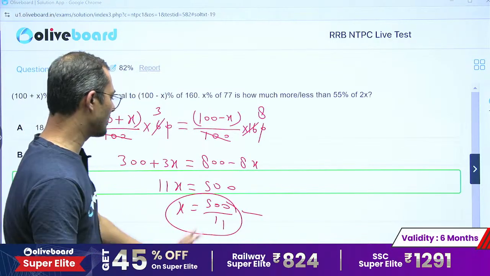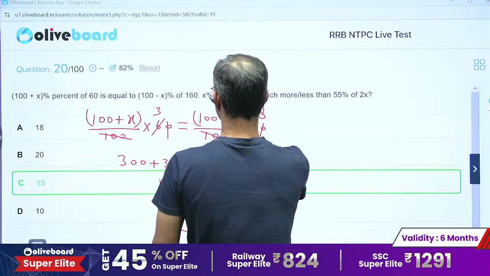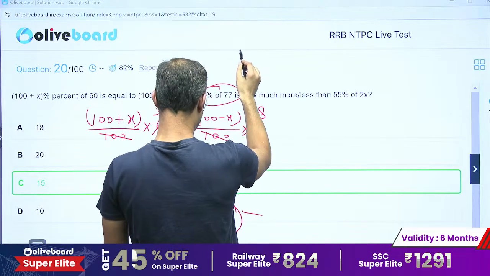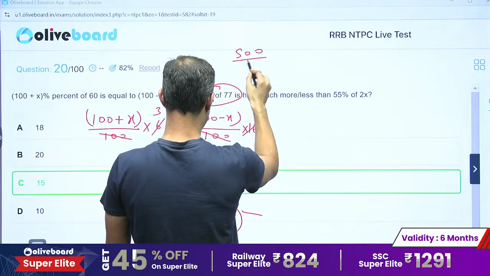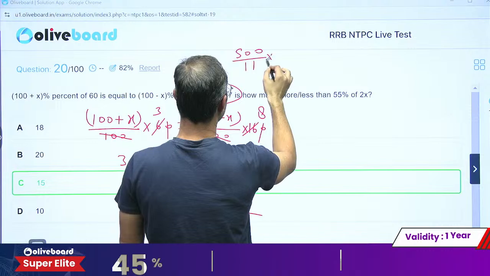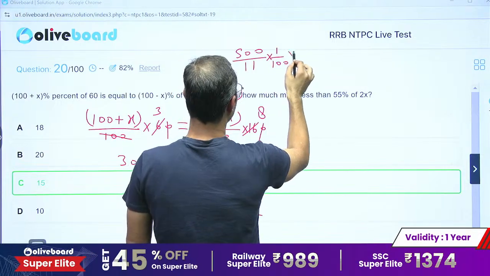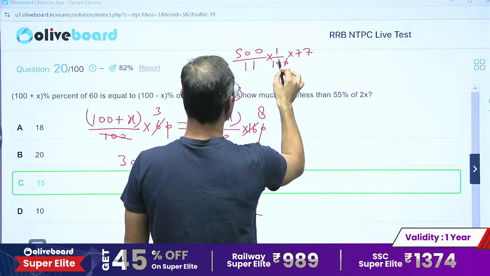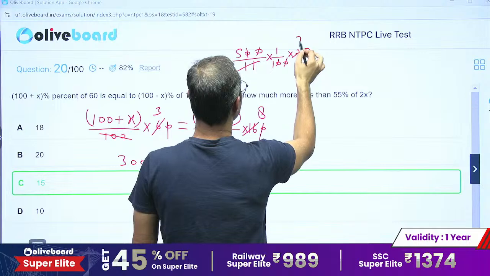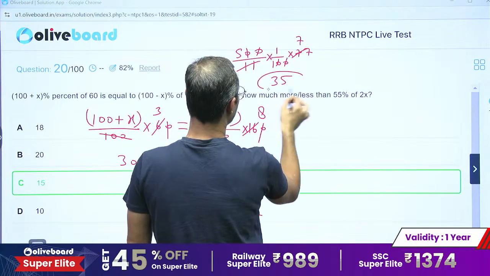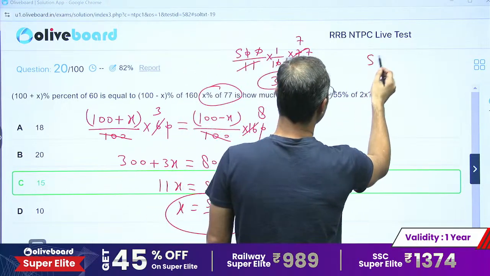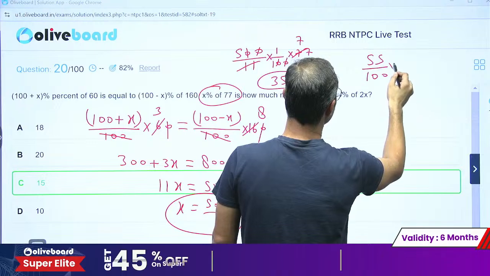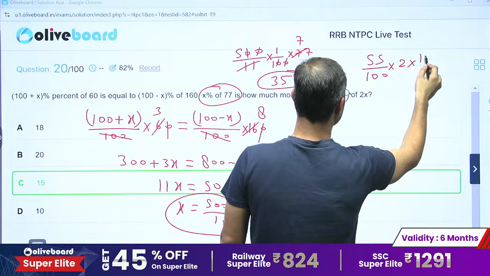So just focus on the calculation. So x is equal to 500 by 11, so we have to calculate x%. See, 500 by 11% of 77 is how much? It is going to be 35, right? And 55% of 2x, right?